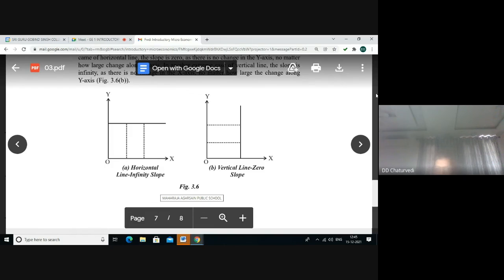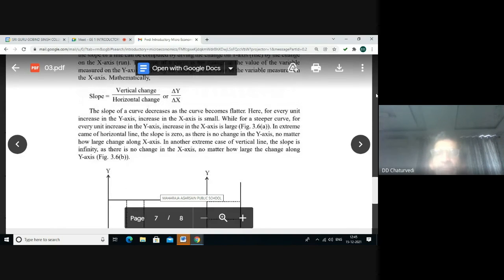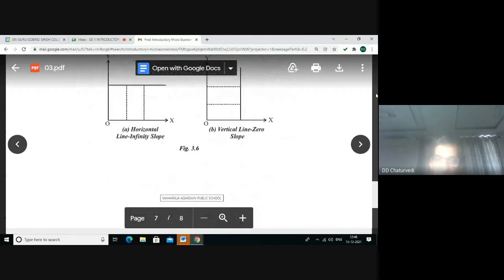For vertical line, slope is infinity. Slope is given by perpendicular upon base, tan theta. We know that tan 0 is 0. So for horizontal line, slope is 0. Elasticity of demand is infinity. For vertical line, slope is infinity and elasticity of demand is 0.